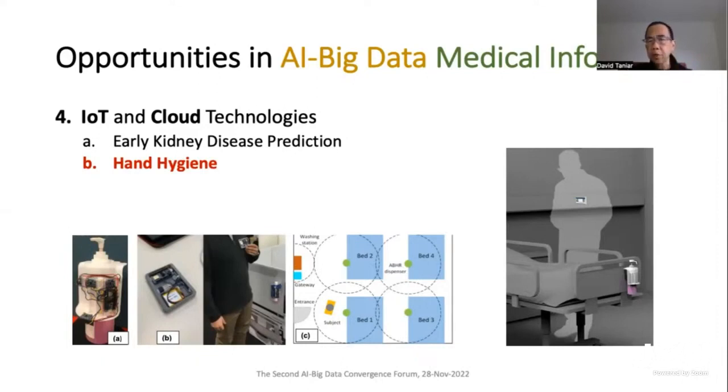Yearly, the hospital uses an audit system, and they just place someone to watch. But what we want is to do it automatically using sensors. So we place sensors attached to the alcohol dispenser so that they can see whether the hand washing is actually done or not, right?